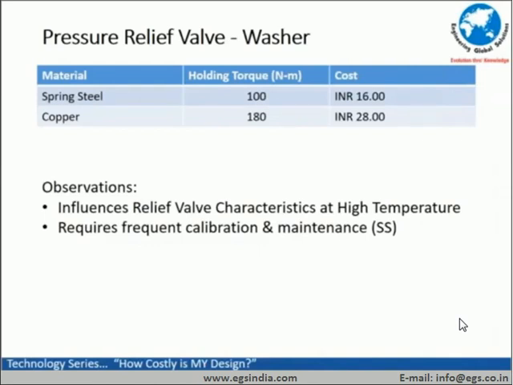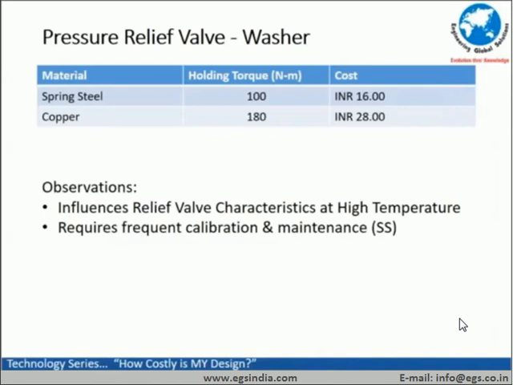If you look at the spring steel, it would have a coefficient of thermal expansion. If you would use copper, it would have a different coefficient of expansion, leading to a holding torque which is higher for copper as compared to the spring steel. Now here again, the cost of the spring steel washer is cheaper, and the cost of the copper washer is higher.